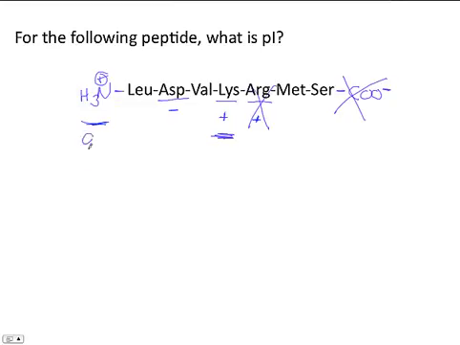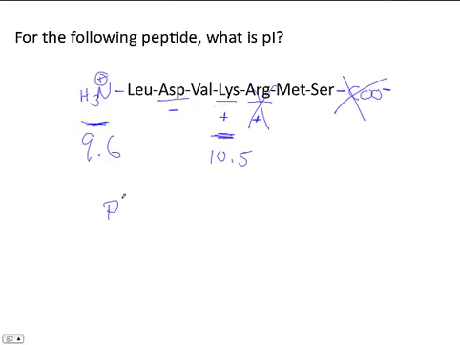So here we have a pK of about 9.6. Here we have a pK of about 10.5. And we want the point at which the leucine amine group is mostly in a deprotonated state, whereas the lysine R group is mostly in a protonated state. Because what that means is that at that pH, leucine contributes a little bit of positive charge, lysine will contribute a lot, but both together will add up to a +1 charge.